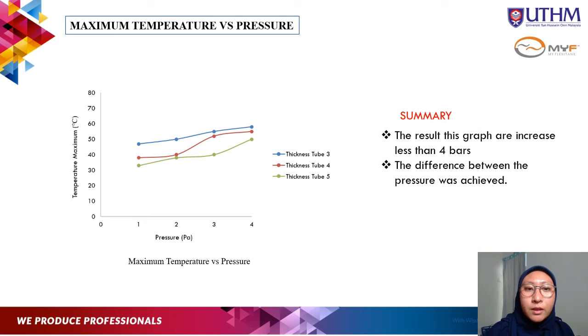Okay, next for the maximum temperature versus pressure. What we can see based on this figure, the value for thickness tube 3, 4 and 5 increases at 2 bar.